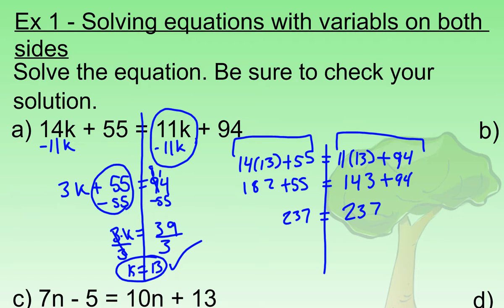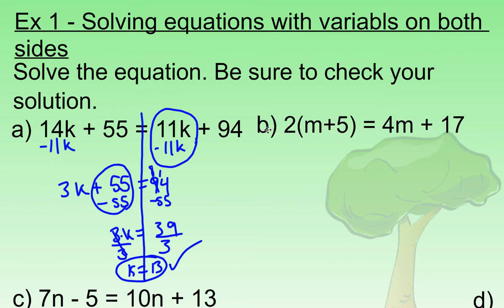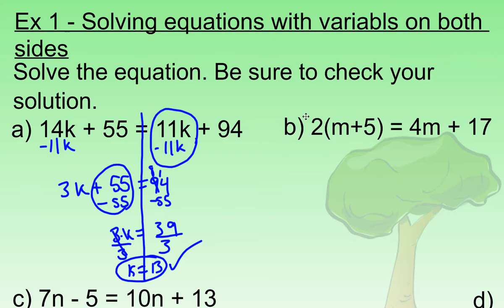By the way, remember I said the checking of the solution works really well if it's a multiple choice question? Imagine you're given a problem similar to this. Or here, let's pull letter B out here. There's letter B. Imagine on like a PSSA test or something, they give you this question and they say your choices are either A, B, C, or D, and it could be like 3, 8, 5, or 12.